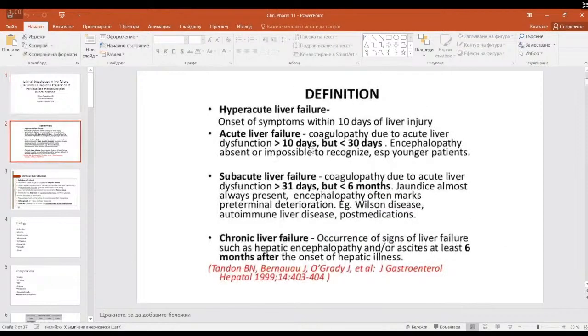First, let's talk about the different types of liver failure in terms of the time period of development of end-stage liver failure.